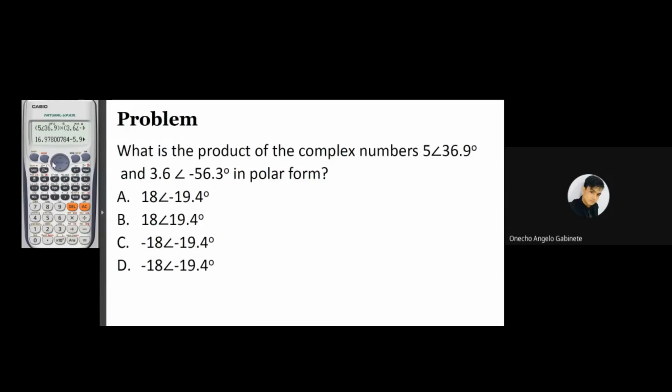Bakit magkaiba yung lumabas? Sir, hindi po pang polar form yung ano. Very good. Ang default na nilabas ng calcu ay standard form. Ang choices ay polar form. Ang hinihingi ay polar form. Engineer John Chester, anong gagawin ko sa calcu para ma-convert into polar?